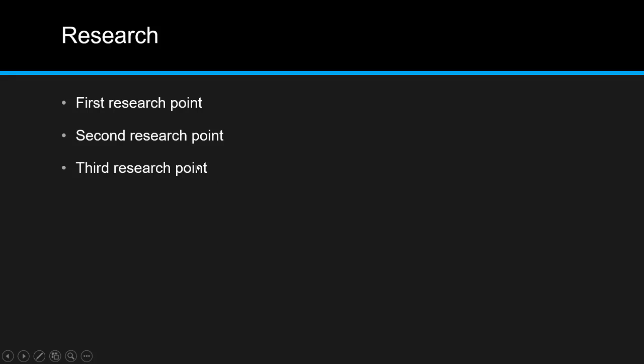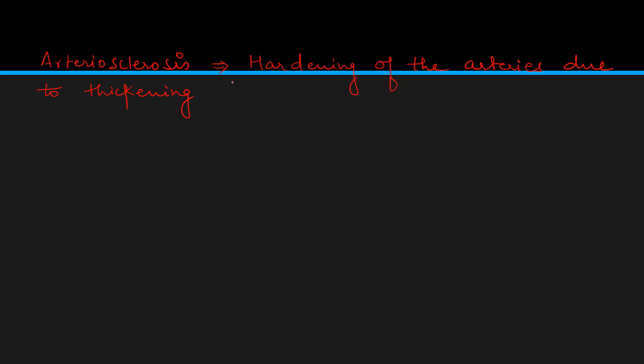Arteriosclerosis is the hardening of the arteries due to thickening along with the deposition of calcium salts plus cholesterol.